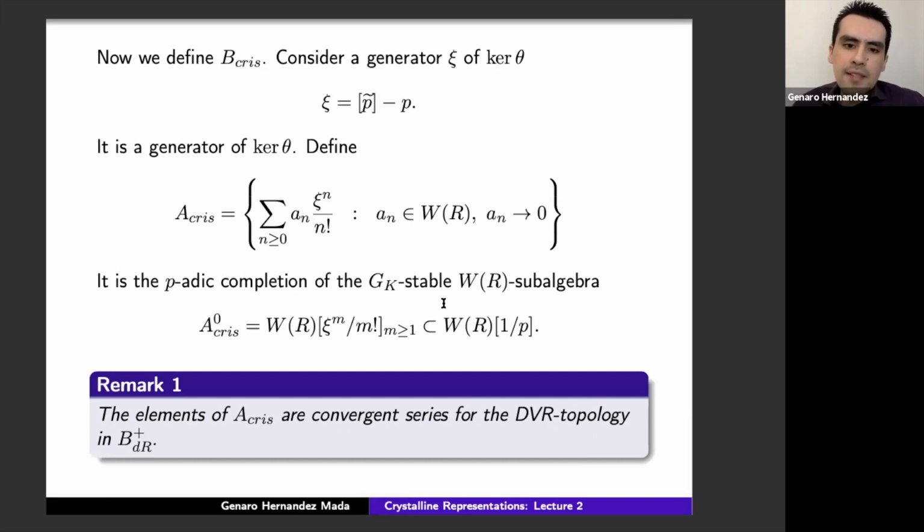Inside of this, we can take the algebra generated by these elements, which are just the divided powers of this generator of the kernel of theta. This subalgebra is stable under the Galois action, and it's usually denoted A0 cris. So A cris, the one that I'm defining here, is just the p-adic completion of that, seen inside B de Rham plus. So actually we need to have an embedding there. There are many algebraic details that one should check there.